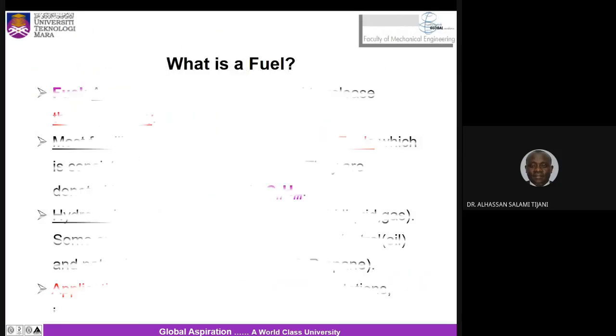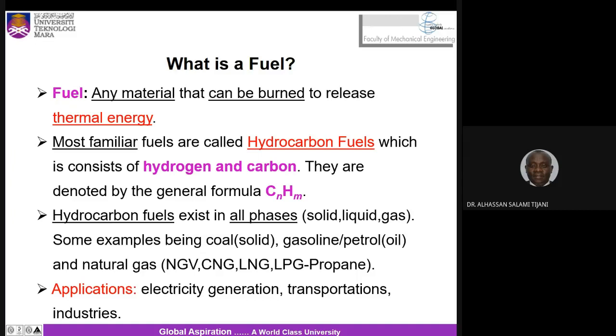Now let us see what a fuel is. Basically, any fuel is a material that can be burned to release thermal energy. There is a large number of fuels available in nature. Most familiar fuels are hydrocarbon fuels, which consist of hydrogen and carbon, and their chemical formula is normally represented by CnHm.